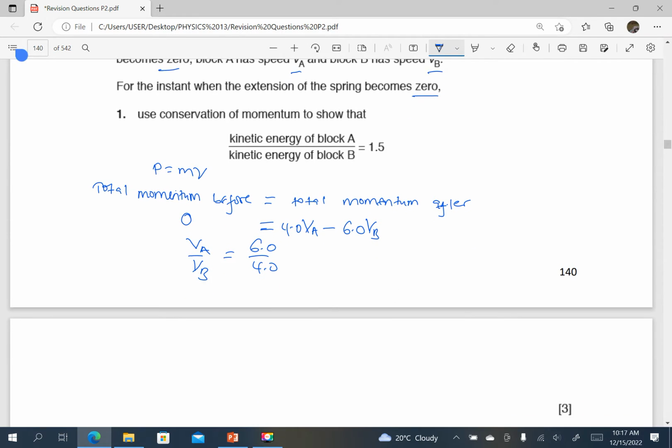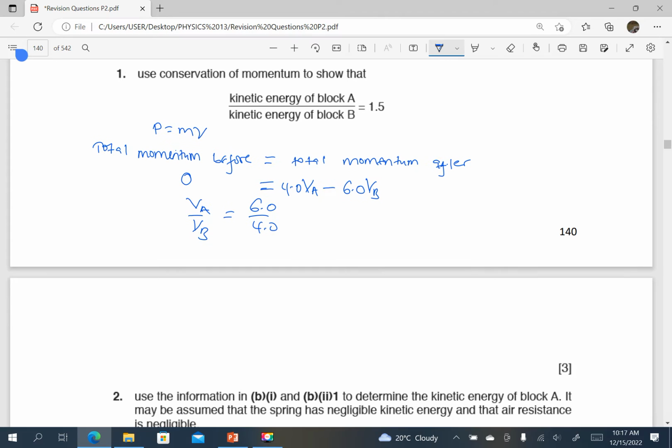If I simplify that, but we want the ratio of kinetic energy of block A over kinetic energy of block B. We also know that kinetic energy, EK, is a half mv squared.